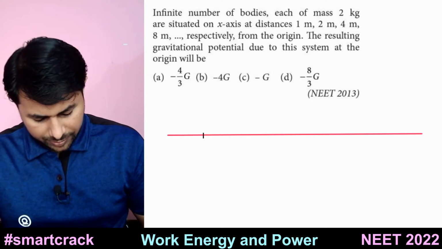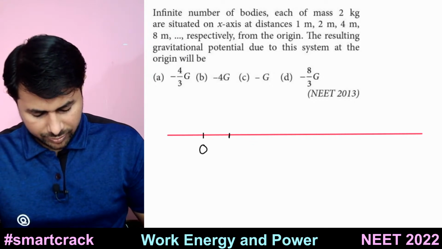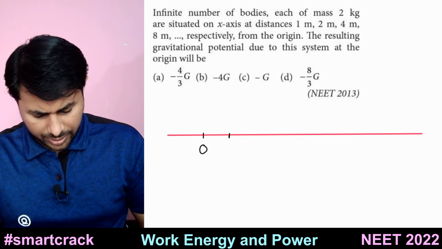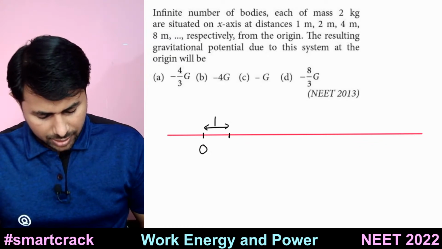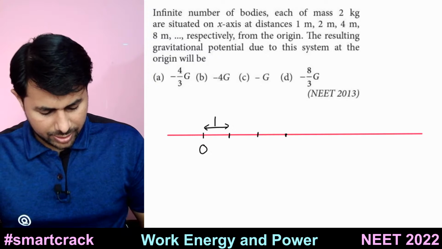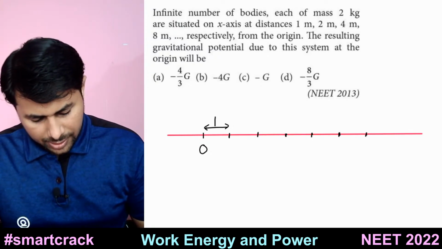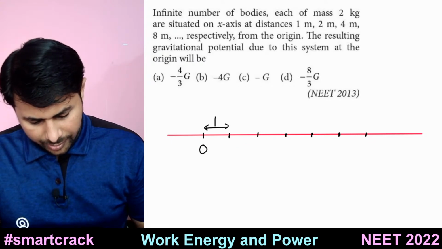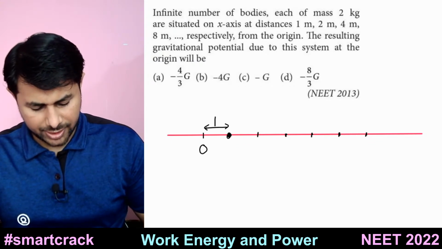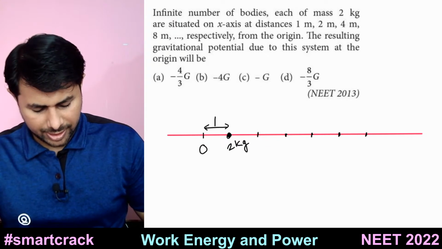This is our origin O, at distance 1 meter, 2 meter, 3 meter, so on and so forth. Like this, there are infinite bodies, and their masses are 2 kg each.